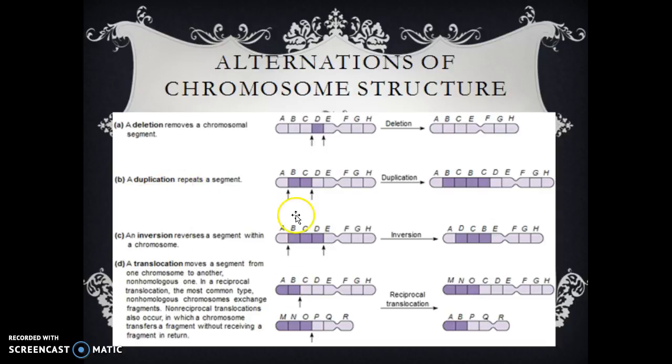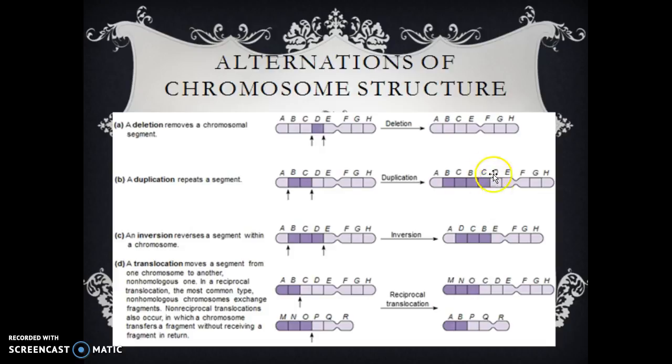Duplication, here's our before, we have A, B, C, D, E, and after duplication, A, B, C, B, C, D, E. We can see that a section of DNA has duplicated itself, and now we'll have 2 sections of the same genetic information, which obviously could affect potential proteins made from these genes if this section happened to be a coding region of DNA.